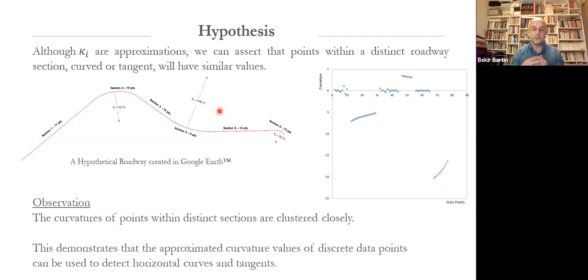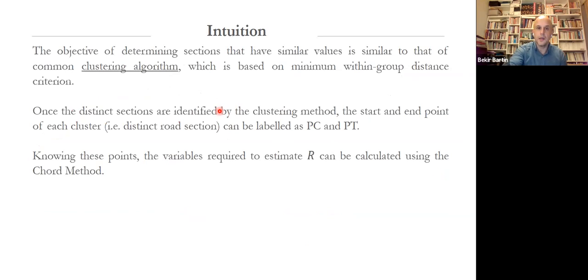The curvature values of the vertices within the distinct sections, either curved or tangent, are clustered closely. So we can use these values to detect the horizontal curves or tangents. The intuition is this. This looks exactly like a generic clustering algorithm, which is based on the minimum within-group distance criteria.